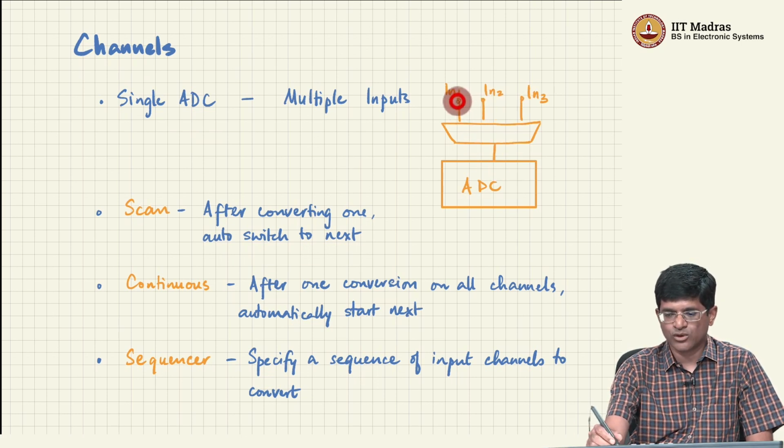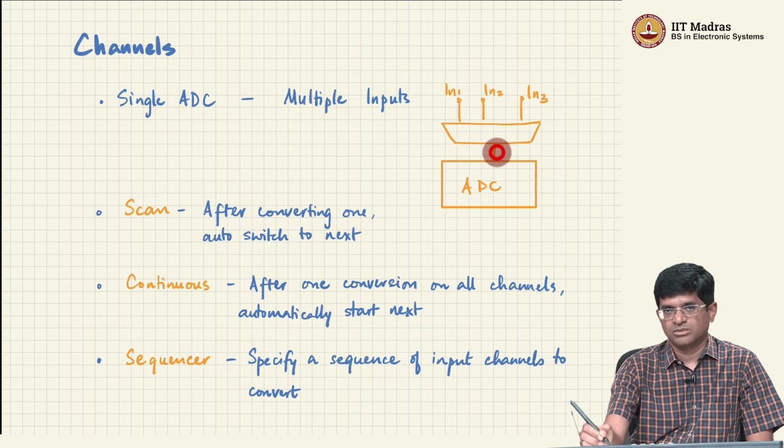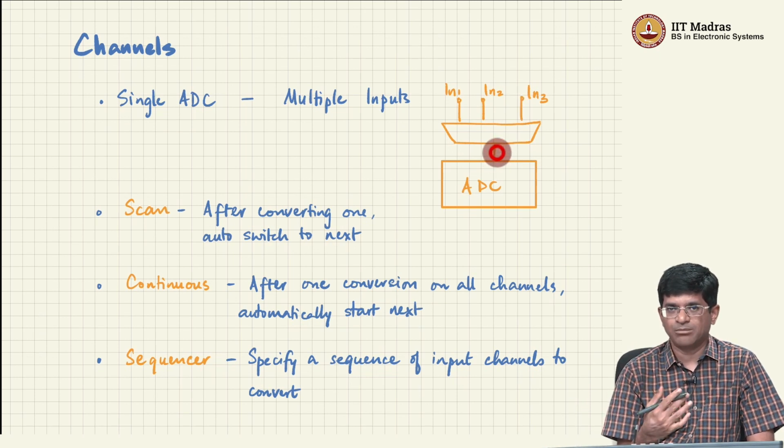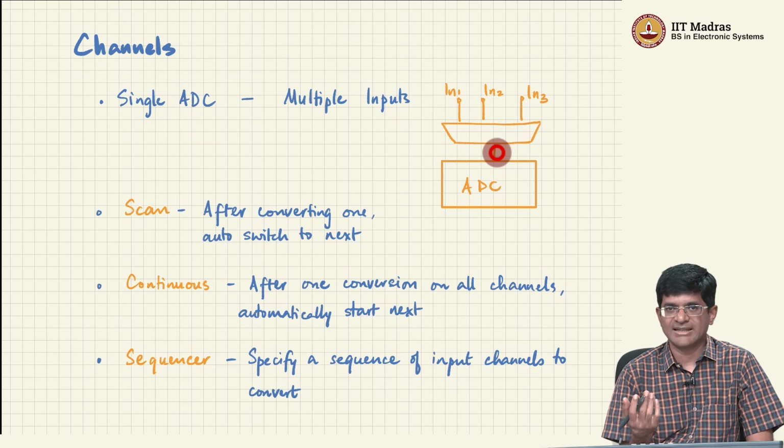There is going to be some time taken for converting in 1, after which I can start converting in 2, after which I can start converting in 3. Especially in applications where your sampling rates are fairly low, this may not matter, because the time between samples is probably on the order of milliseconds, and the time for switching from one to the other is probably in the microseconds range. So you don't care, it's fast enough.